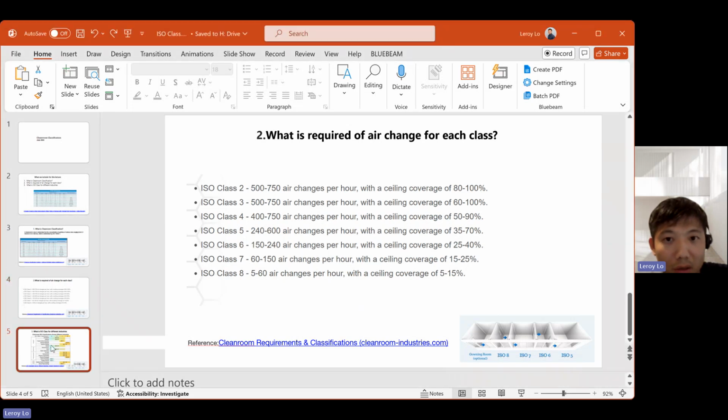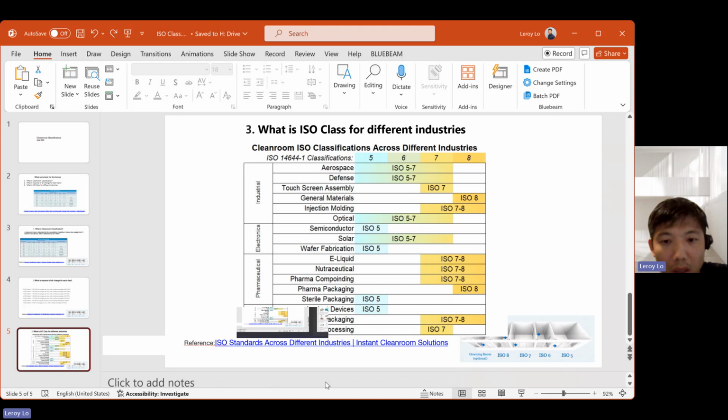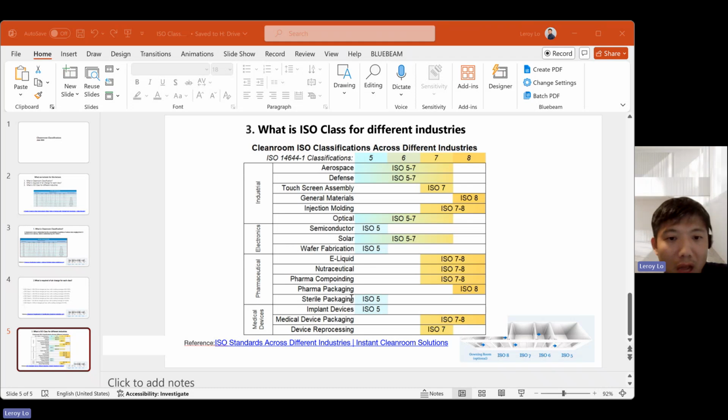Moving on to the next one: what is the ISO class for different industries? This slide is basically a summary showing the different levels of clean room, and this one shows class 5 for semiconductors.